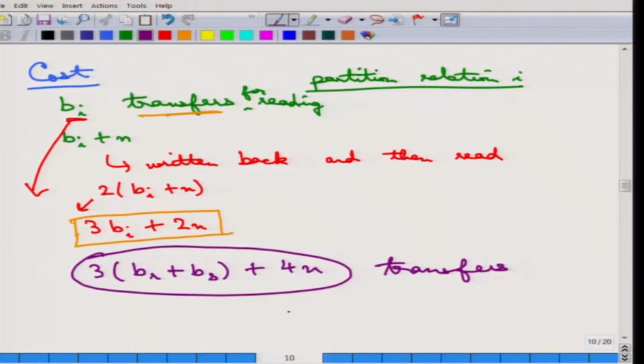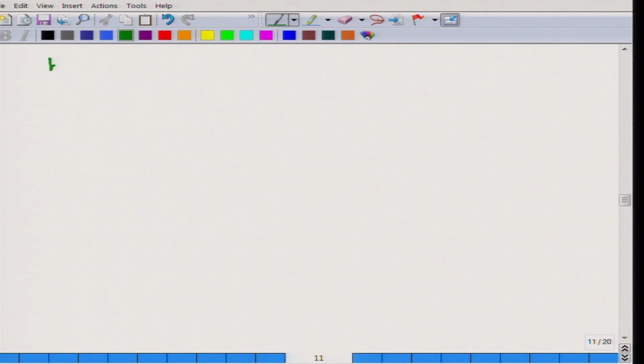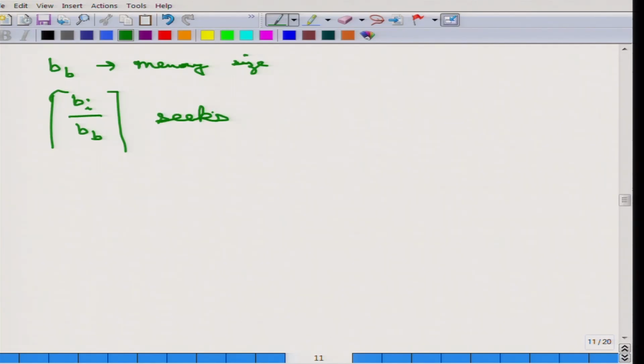Now what is the number of seeks? Using the same thing, suppose BB blocks fit into memory, so memory size is in BB blocks, BB blocks from each relation fit into memory. Then there are BI by BB seeks required to read all of them.